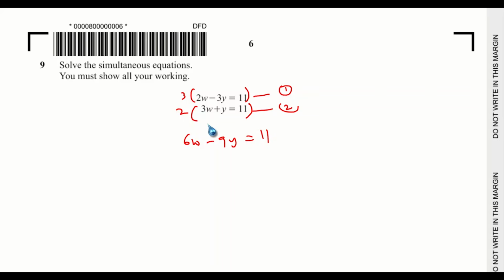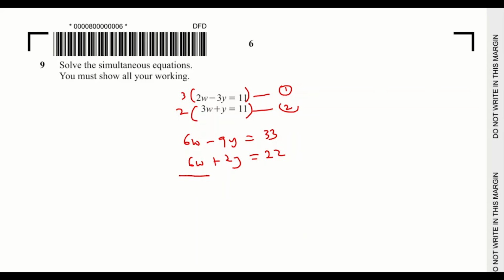Then 2 times 3w will be 6w, plus 2y, equals 2 times 11, that will be 22. Oh, sorry, here it is 3 times 11, I forgot this one, so this will be 33. Okay, so we are good here.